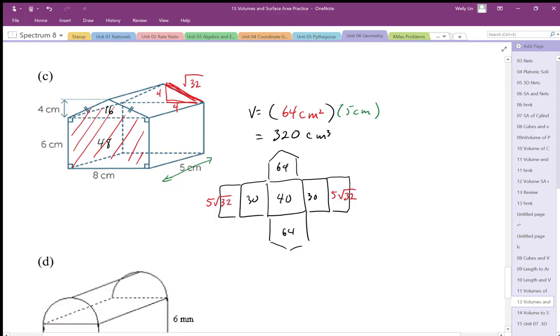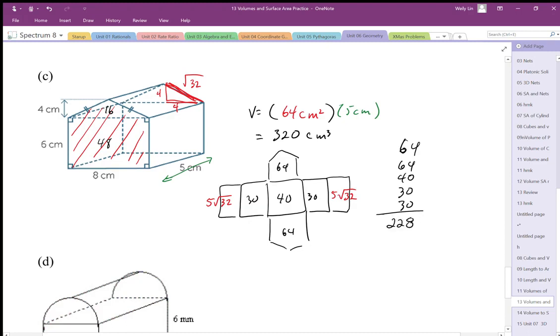So adding up all those surfaces, I'm going to keep the exact value in here, so 64 and 64, plus 40, plus 30, plus 30. Okay, so this is going to be 128, 168, plus 60 is 228.